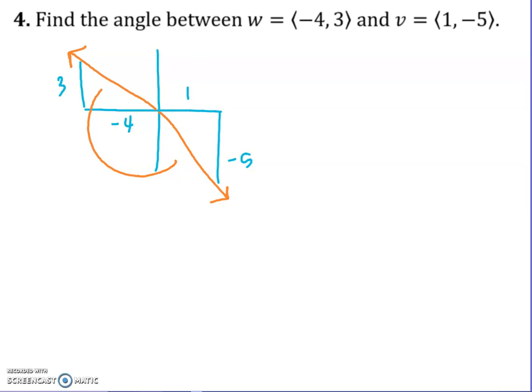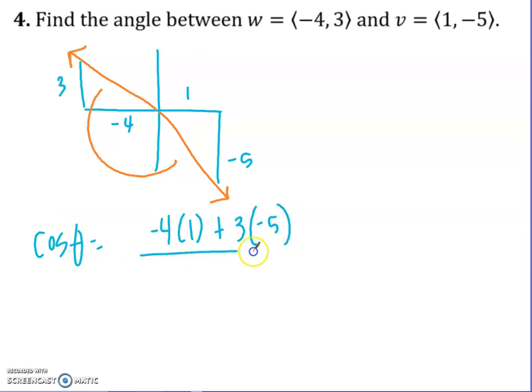Okay, so here we go. The dot product first. Okay, and the cosine theta is equal to, so negative 4 times 1 plus 3 times negative 5. And then we have to find the magnitude of w. So that will give me 5.